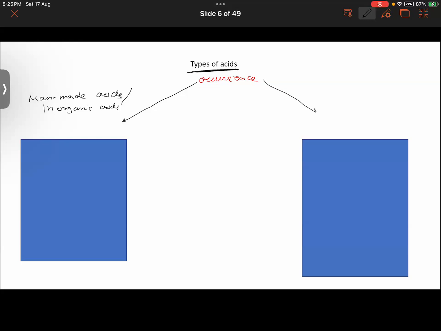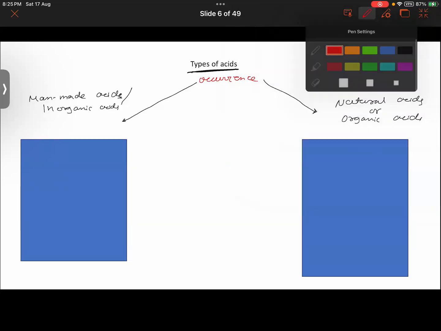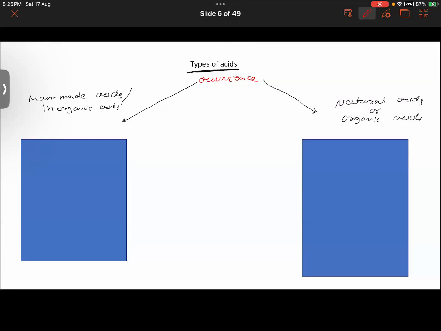Or on the other side, you have natural assets, or we call them organic assets. Now, it's a common observation that usually the man-made assets that we make in the laboratory are known to be stronger as compared to the natural assets. Okay, so they are stronger while the natural assets would be weaker.